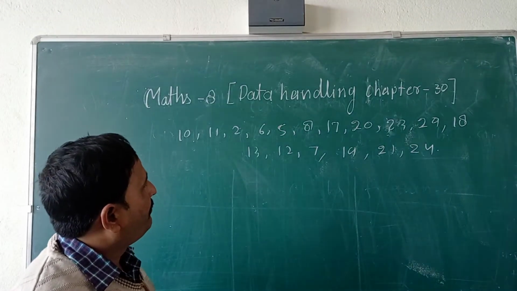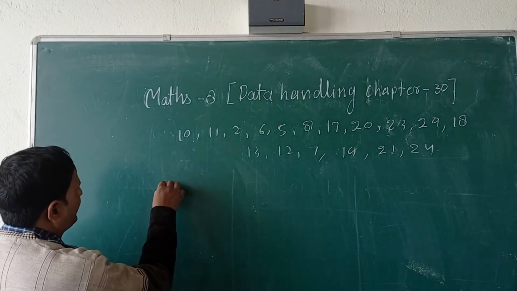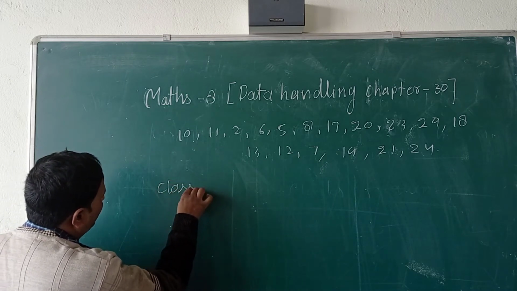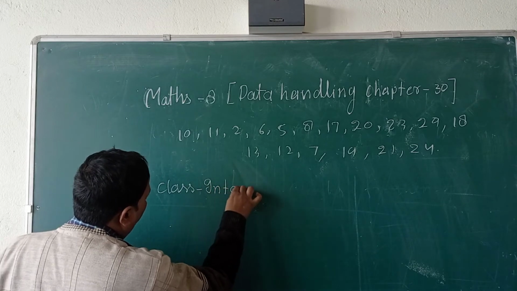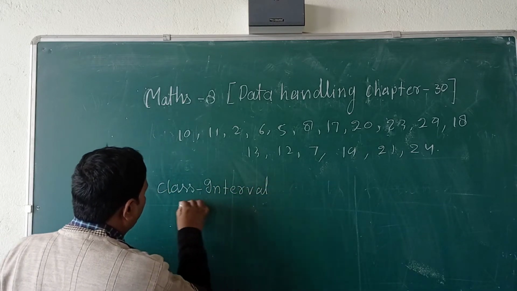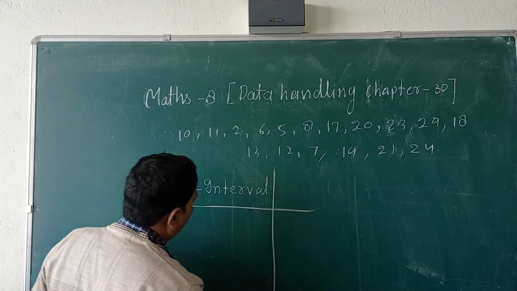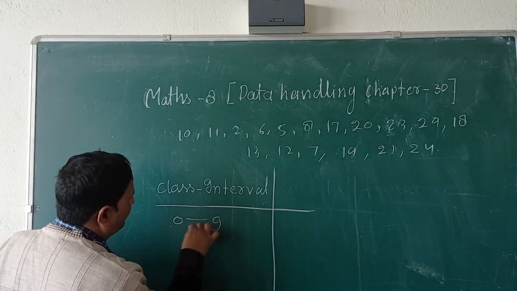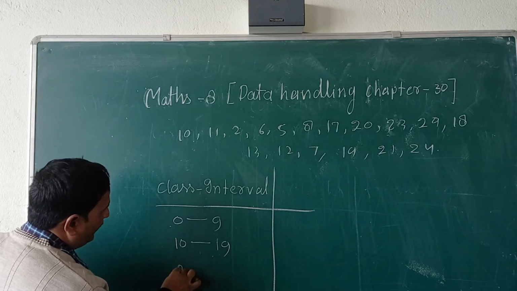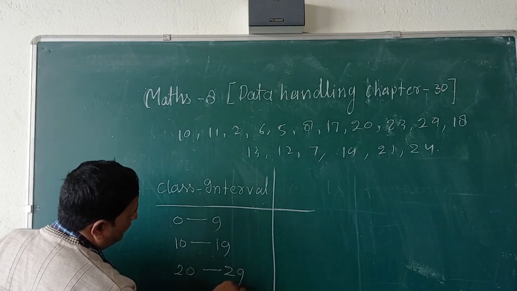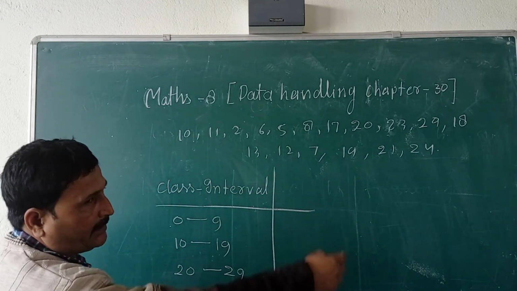For that you have to make groups. A group is called a class interval, like 0 to 9, 10 to 19, 20 to 29, with a minimum value and a maximum value.